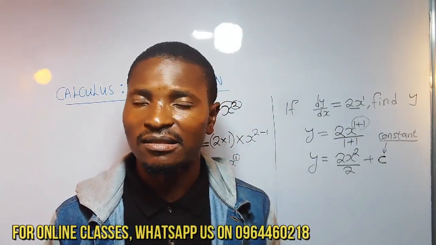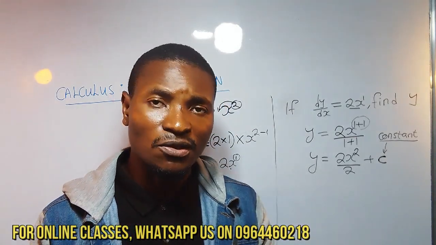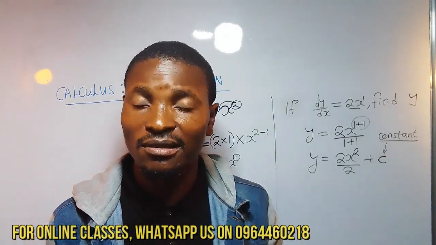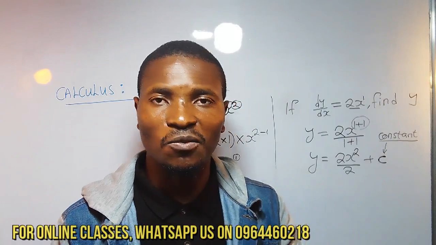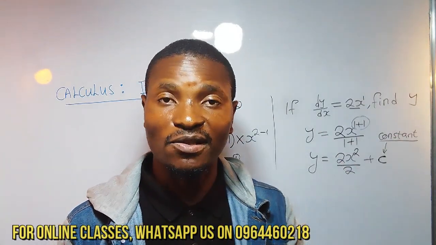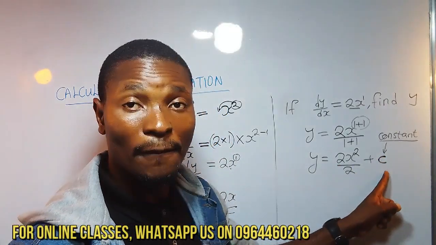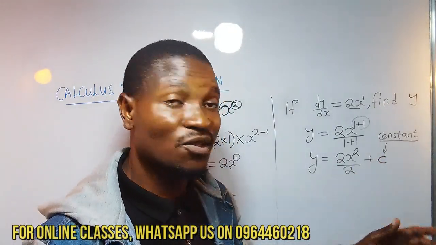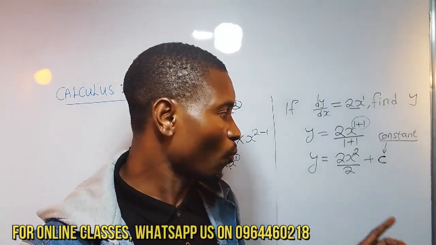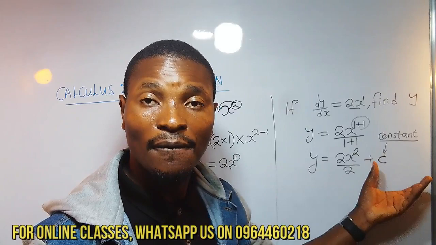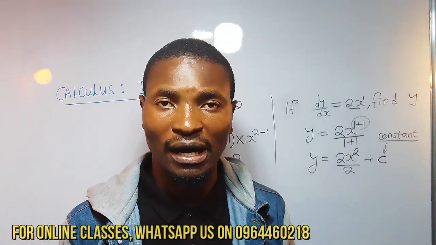Now, why we are adding the c, I'm not going to go into the details, but to summarize: we are looking at this integration as more like an equation that passes over either x or y. So we don't know where this equation passes through when you graph the points on a graph paper. We don't know where this equation specifically passes through on any of the points, either x or y.